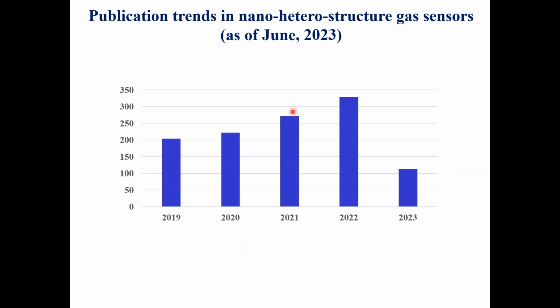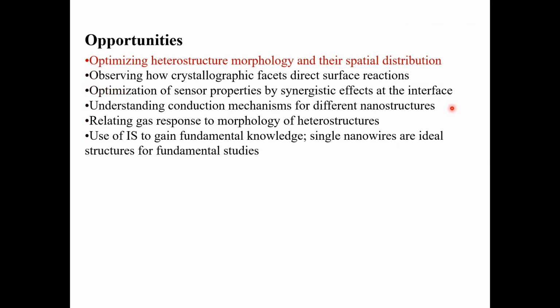So I'm going to show you some data on the fact that this nanoheterostructure is becoming very, very popular in terms of gas sensing. In fact, the publications over the last 5 years, including 2023, you can see that the number of publications is gradually going up each year. So there's a lot of activity, but what we found is that clearly there are a lot of opportunities optimizing heterostructure morphology and their spatial distribution, observing how crystallographic facets direct surface reaction.